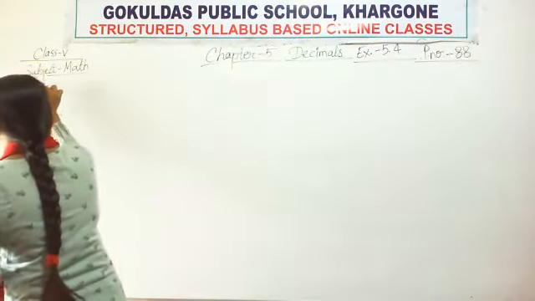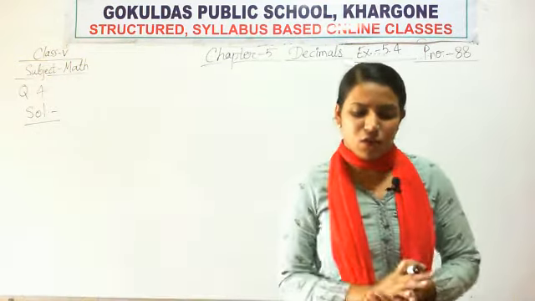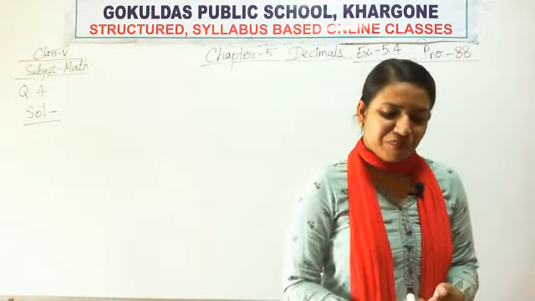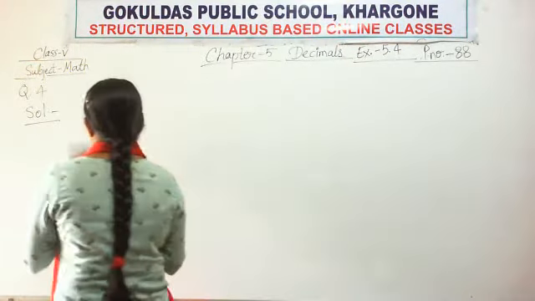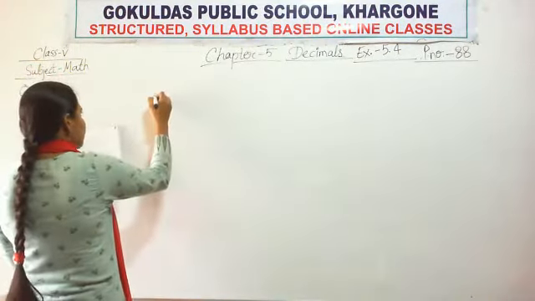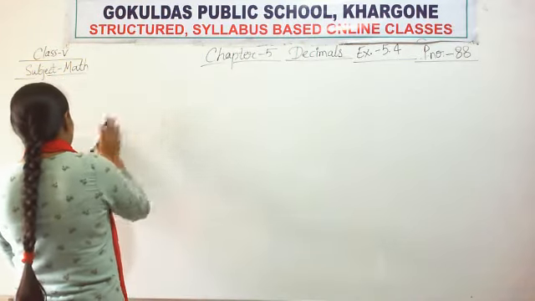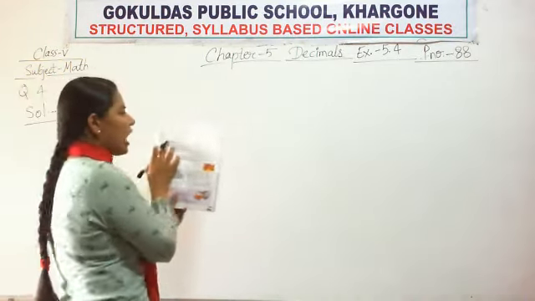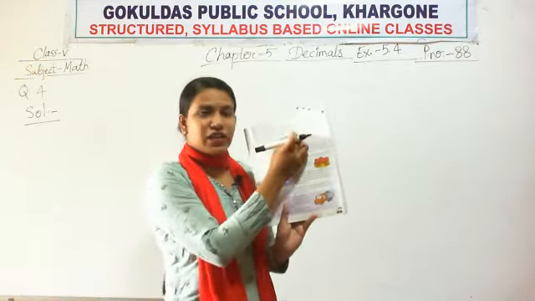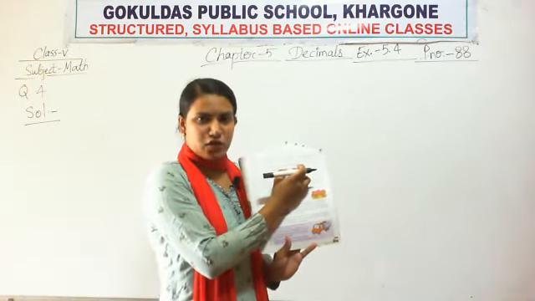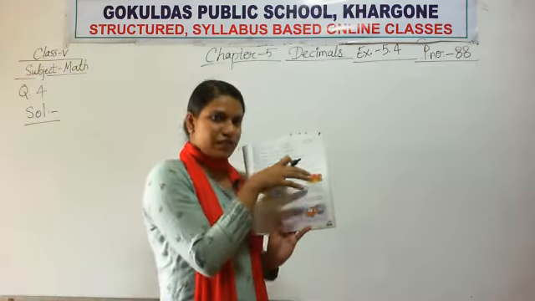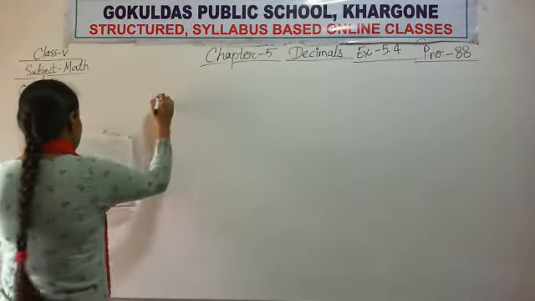This question is just opposite to question number 3. Your task is to subtract the sum of the last two numbers. So first of all, let us find the sum.